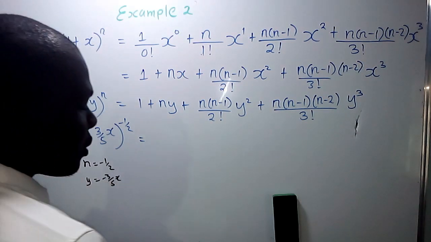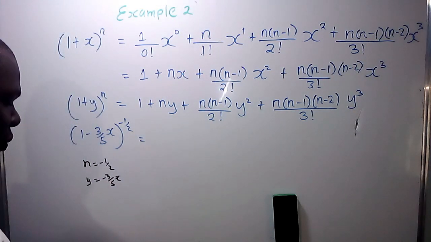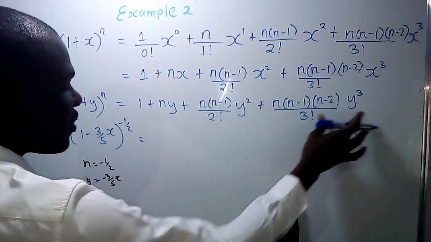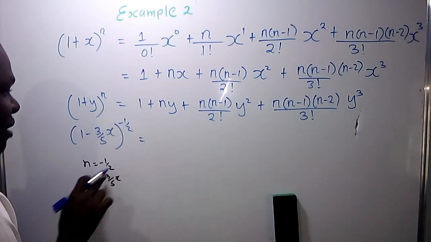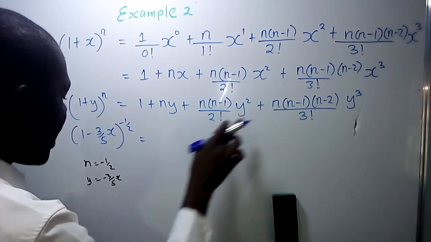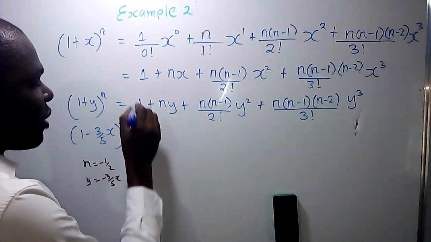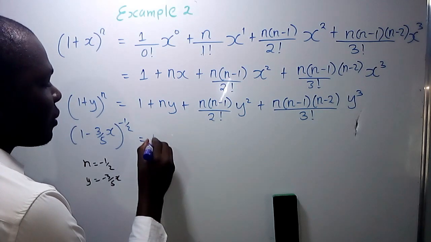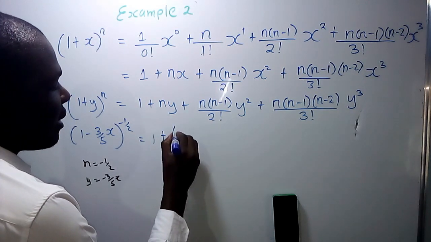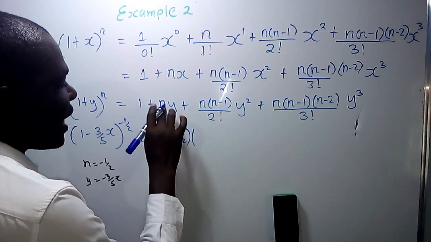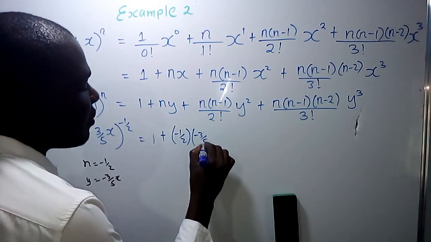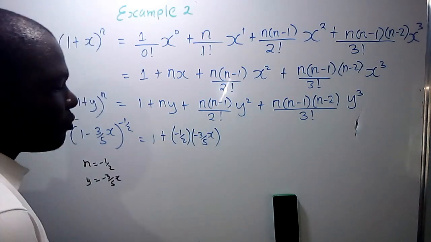So where there is n in this expansion, we put negative half, and the position y is occupying, we substitute by negative 3 over 5x. So here we have 1 plus n y, but y is negative 3 over 5x.